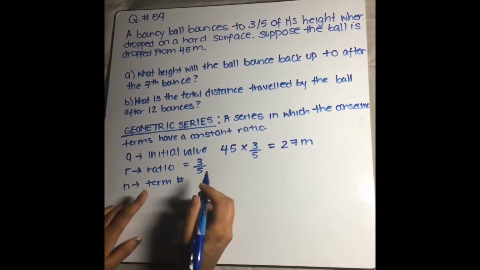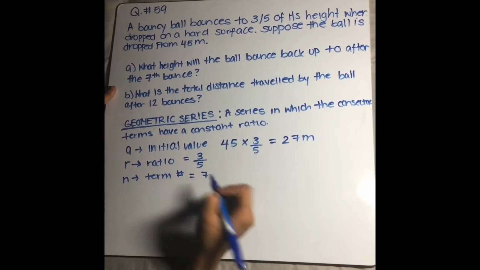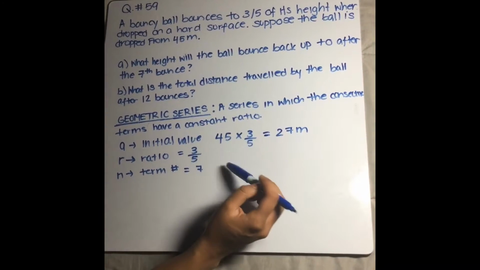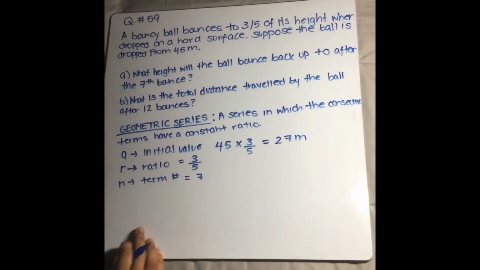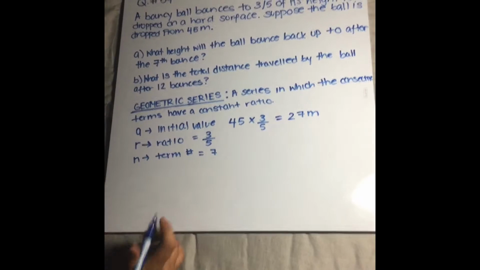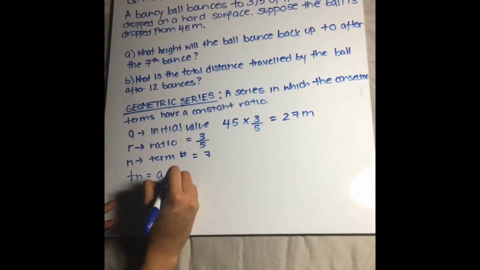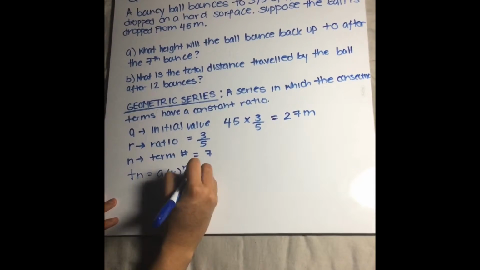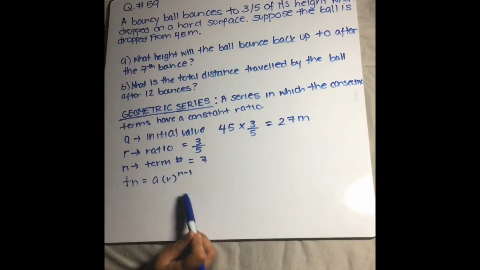Your end term would here be 7, because you're trying to find the value for term number 7. So we're going to use the formula Tn equals A R^(n-1), because we're just trying to find the value of one term and not the sum.